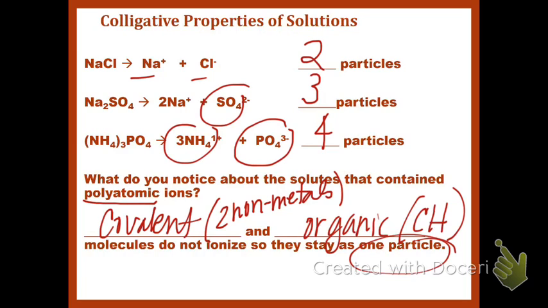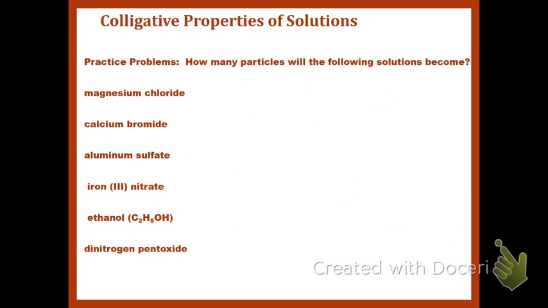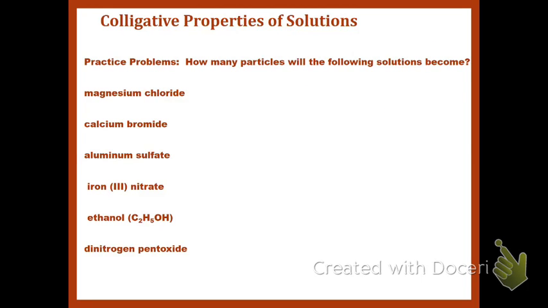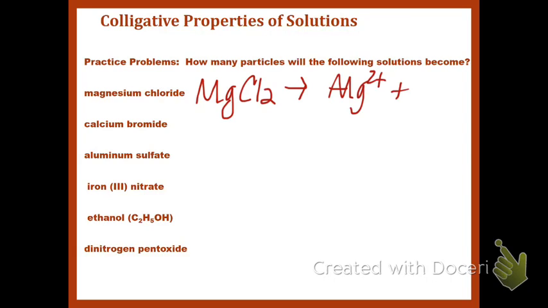Okay? So let's do a couple of these together just to practice. Magnesium chloride looks like this. So how many particles would it make? I'd make 3, because when it breaks apart, you get magnesium plus 2 chlorines.